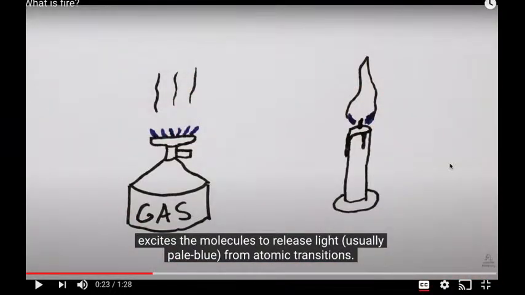So the light that we actually see from flames, especially the pale blue, like we always imagine blue flames being hotter. That's because the molecules that are in the air are being excited and heated up, and as they cool down or de-energize is one way to look at it, the electrons are going to undergo atomic transitions.